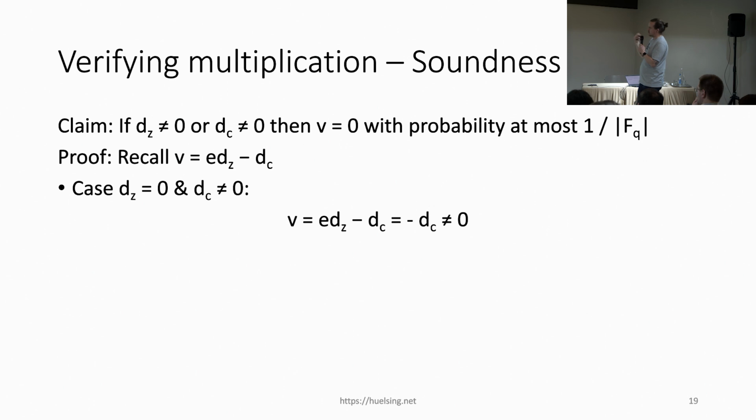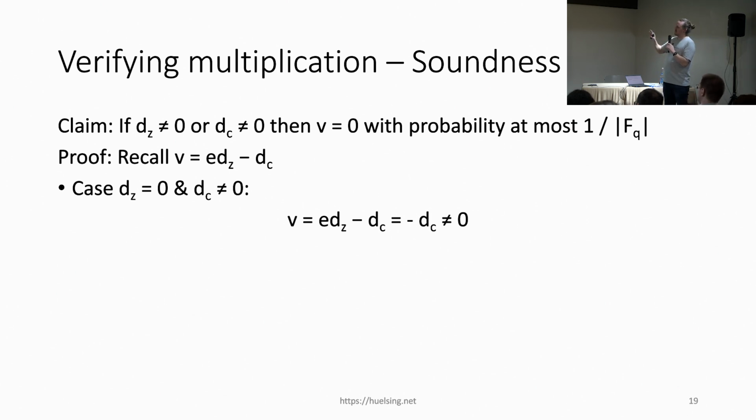Which means we can check what happens if one of these differences is not 0 or both are not 0. So one of the multiplication triples is actually not a multiplication triple, or both are not. The claim is that if at least one of them is not 0, then the result of the computation is 0 at most with probability 1 over the size of the finite field over which we're operating.